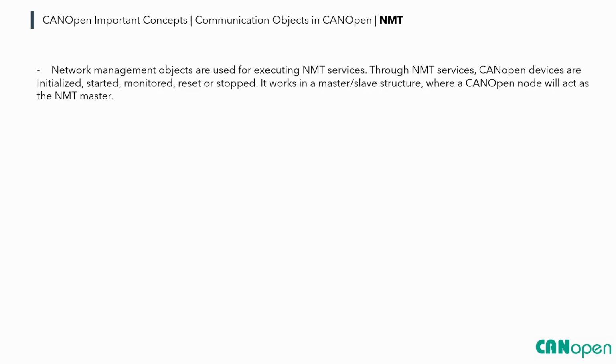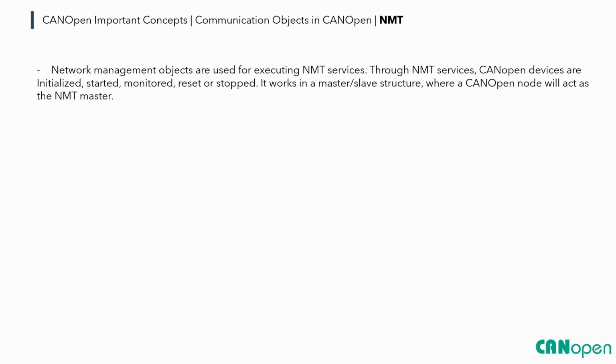And then we have the NMT. NMT is a very general concept in CANOpen. It's basically a set of network management objects or packets that we are sending through the CANOpen bus. For example, a practical example: let's say we turn on a system, all the nodes go to the pre-operational mode because they're not configured yet, and we start to configure them one by one.